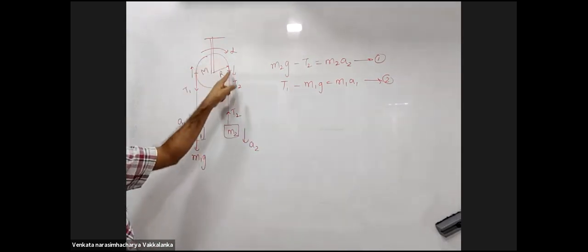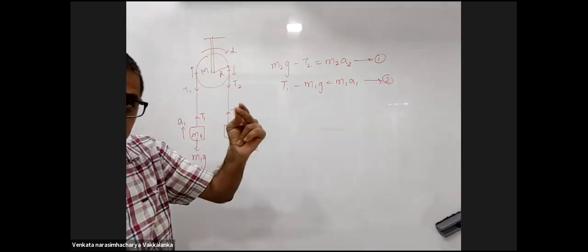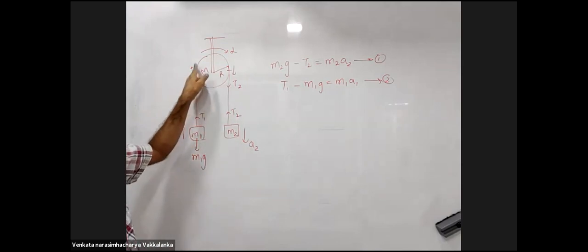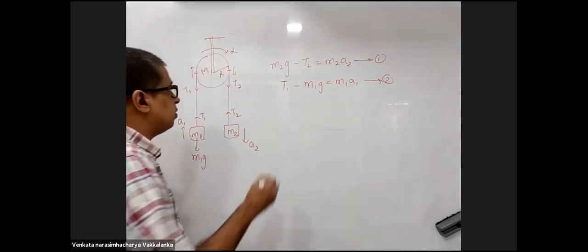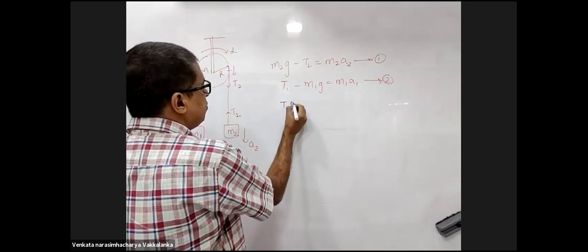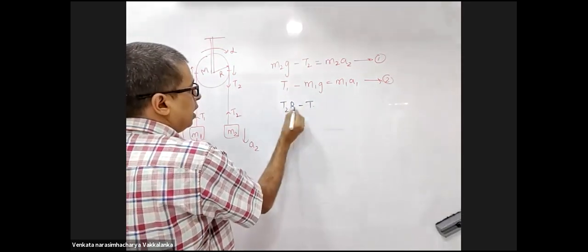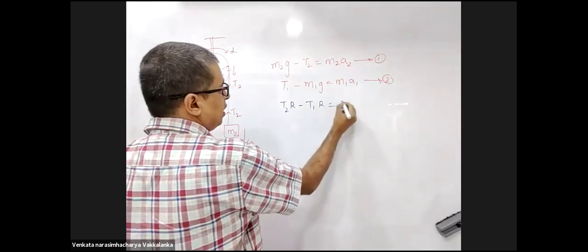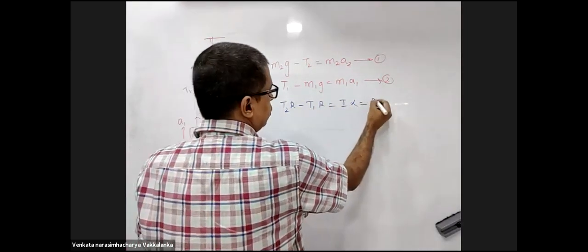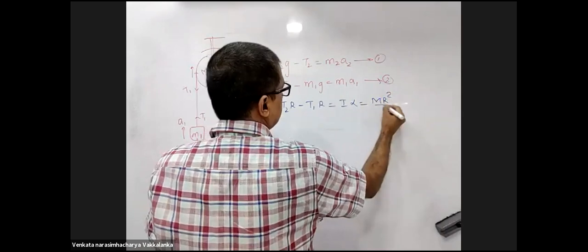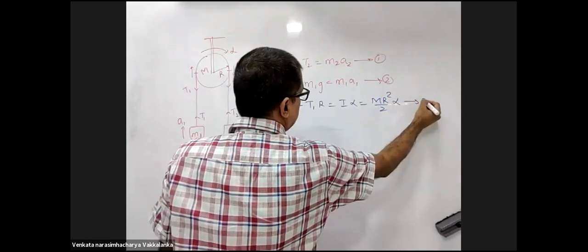Now, rotational dynamic equation of the pulley. Concentrate on this. T2 into R minus T1 into R is I into alpha. This will be MR square by 2 into alpha.